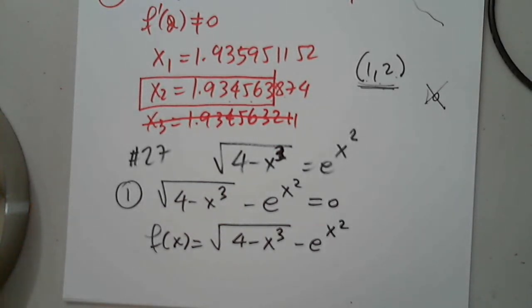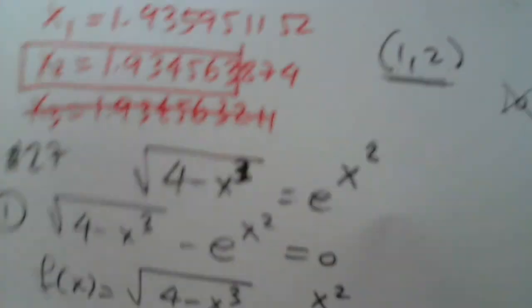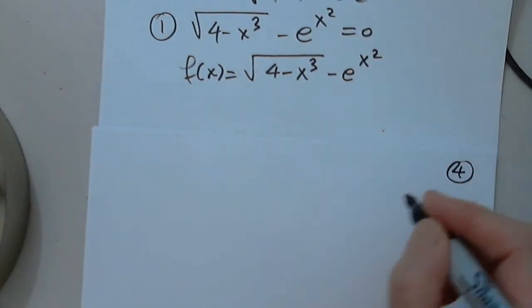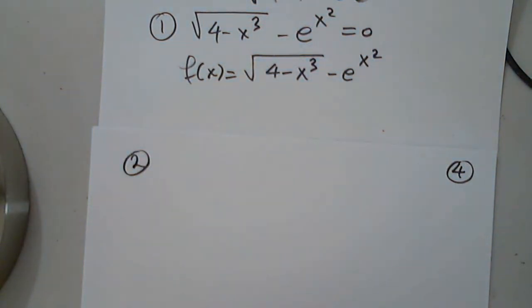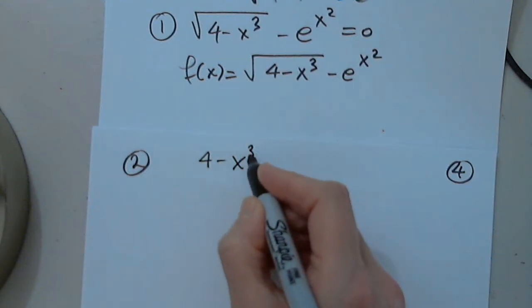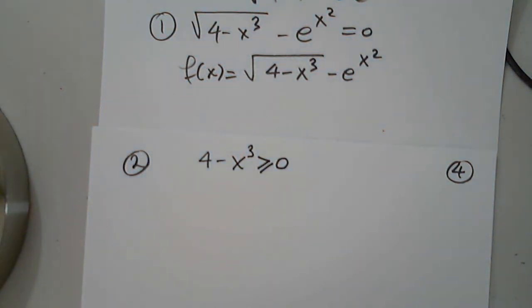So in step 2, I will plug in the function and try to find an interval. Now I have to be careful because 4 minus x cubed has to be greater than or equal to 0. I cannot start anywhere I want, right?